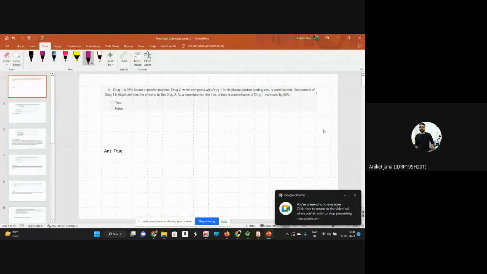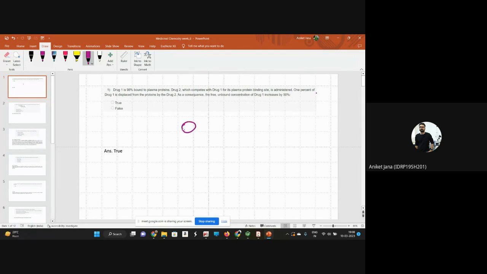Yes. So let's suppose this is drug 1, in the plasma protein bound state, and this is drug 2. When it approaches the protein, some of drug 1 is released from the binding domain.